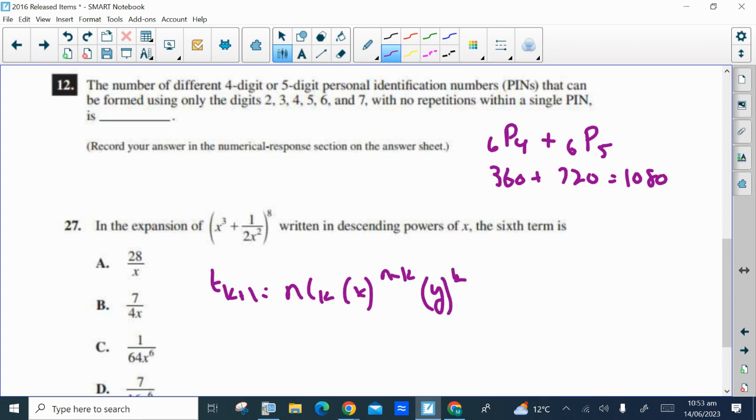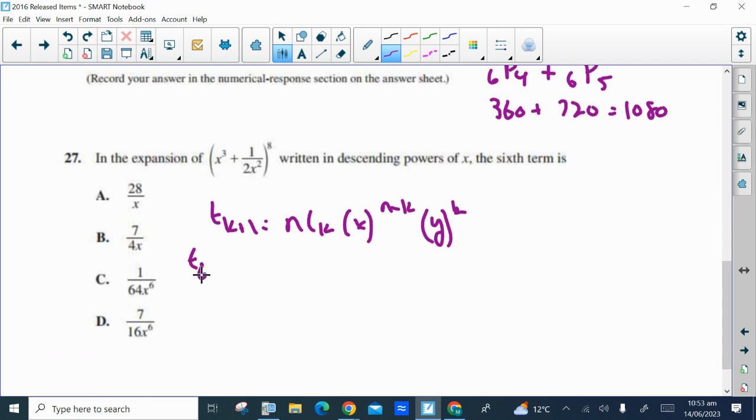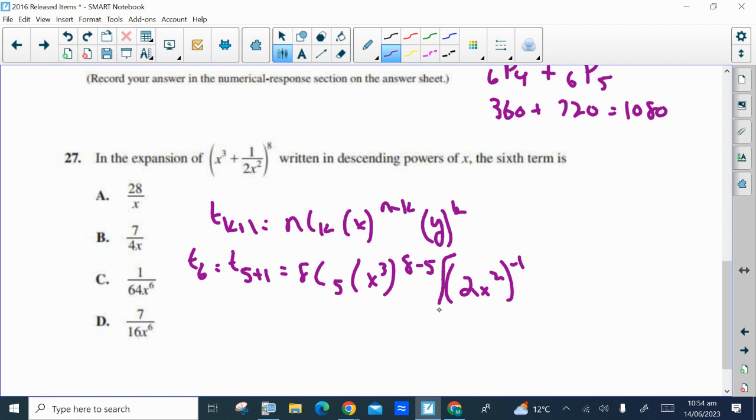And we saw that the value of k was always 1 less than the term number, because if you want to find the 6th term, k would have to be 5. 5 plus 1 will give you the 6. So n is 8, C5. X refers to the first term of the binomial, x cubed, raised to the 8 minus 5. Y refers to the second term of the binomial, which I would write as 2x squared to the power negative 1. And that's raised to the power k, which is 5.